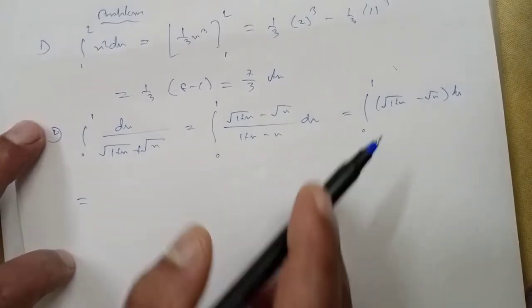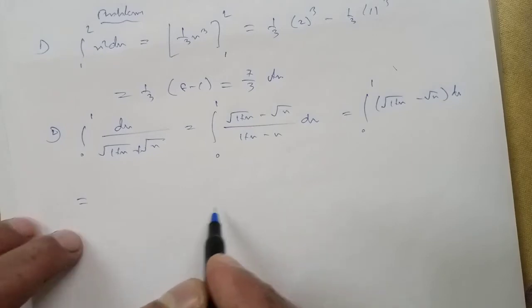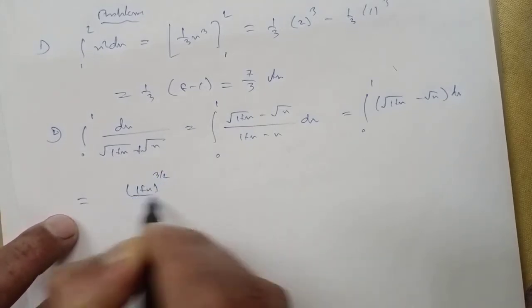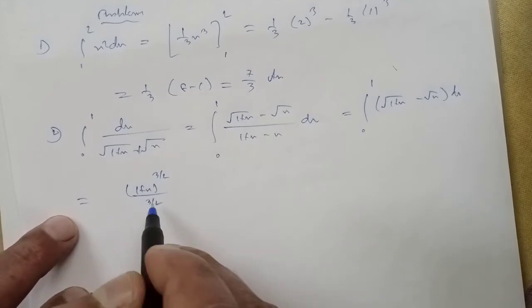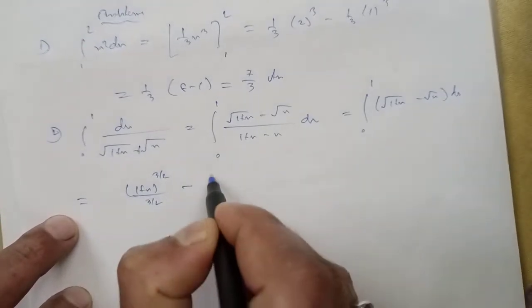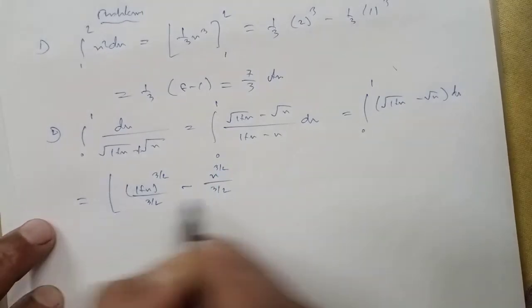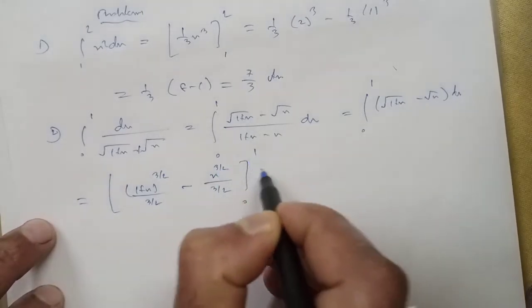Now what is primitive of root over of 1 plus x? This is 1 plus x to the power 3/2 by 3/2. And what is primitive of root x? This is x to the power 3/2 by 3/2. Now put limit.